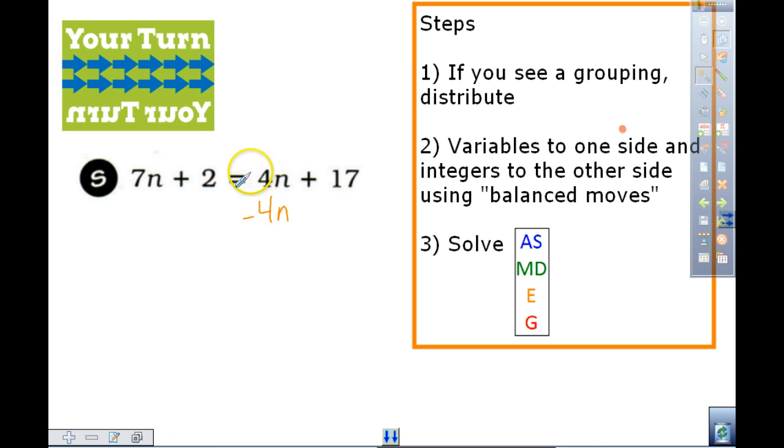So I'm going to write minus 4n, since this is a positive 4n, and I have to do the same thing to both sides. Let's begin. On the left, you see how I already took care of the 7n, so that kind of pinpoints what needs to be worked on next. Positive 2, cancel that out, negative.